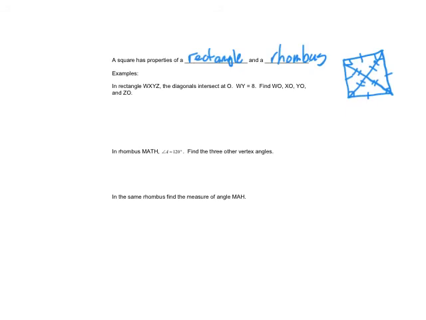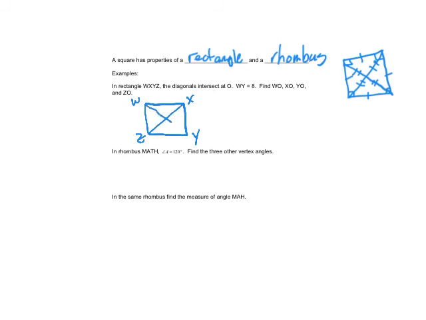So we're going to practice some property problems in class, and we'll go over these properties. But here are some very basic questions, okay? In rectangle WXYZ, so first of all, let's draw that. Rectangle WXYZ, right there I know how to label it. I start in one corner, I go around. If you don't do that, your diagonals will not match up.